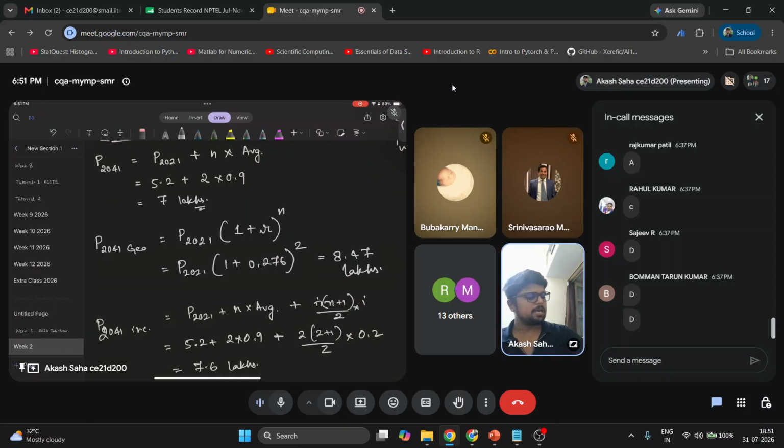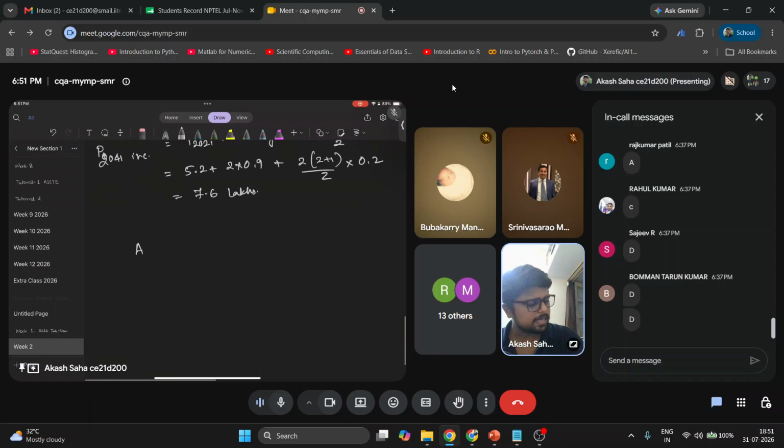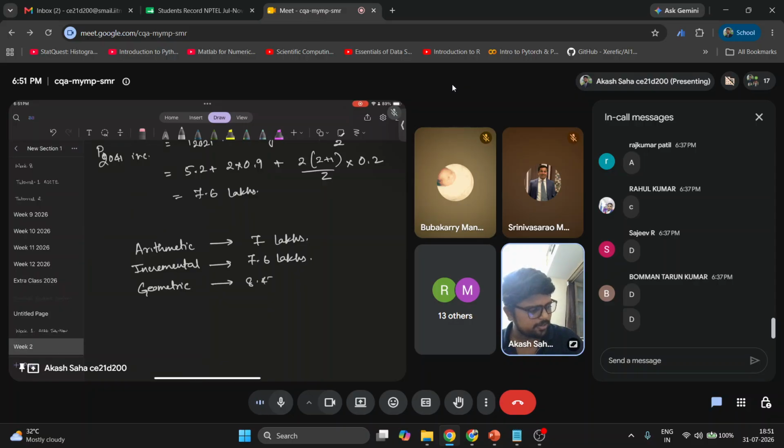From here you can say that by the arithmetic method we get the value as 7 lakhs. By the incremental increase method we get 7.6 lakhs for the same data. And for the geometric increase method we got 8.47 lakhs. So we can see there is an increase in the estimation.